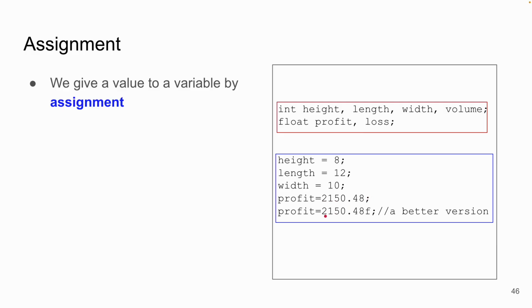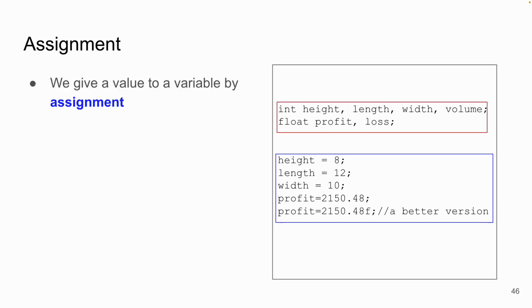And in C, if you want to be more precise, and tell the computer that this is a float variable, then you can add F at the end. The reason we want to do that is that in C, we have another type of variable that we can also store floating point data into.